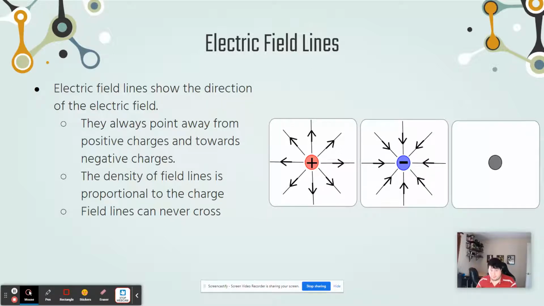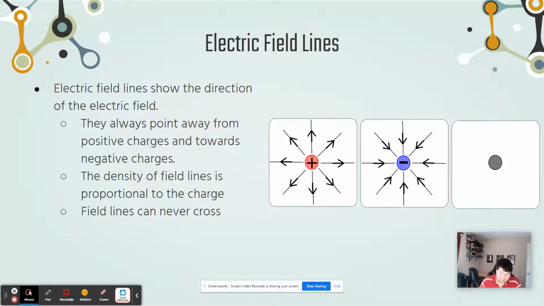They always point away from a positive charge and toward a negative charge. The way I remember that, as I say, in physics, we think positive. So away from positive. Positive always is first. We think positive. So away from positive and toward negative. The next thing is that the density of field lines is proportional to the charge.